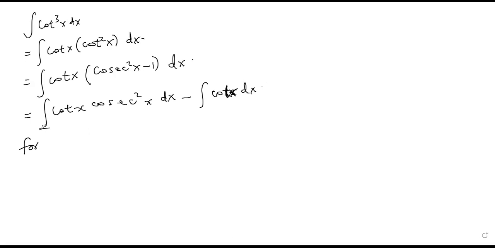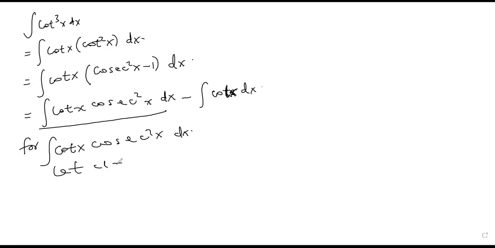If we consider this one only, cot x cosec squared x dx, I can take you through this briefly. We can let u be cot x, so that our du, when you differentiate both sides, will be negative cosec squared x dx.